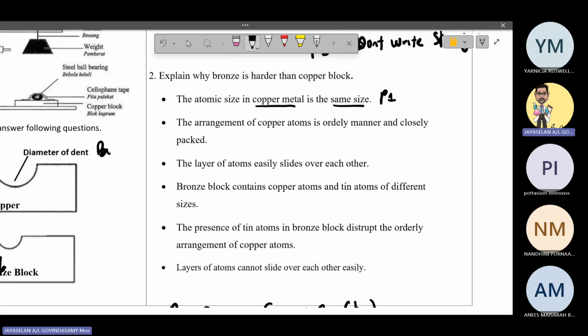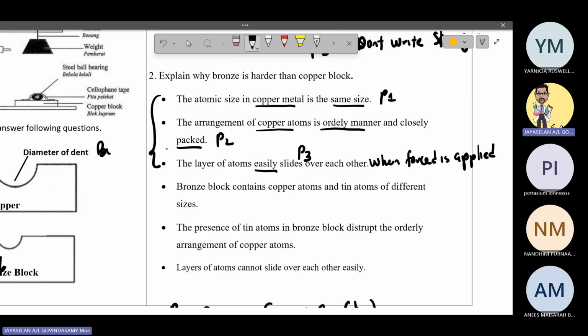The arrangement of copper atoms is orderly arranged and closely packed. Point number 2. The layer of atoms easily slide over, mesti tulis tambah when force is applied. Ini I lupa tambah. When force is applied. You already score your point 3.